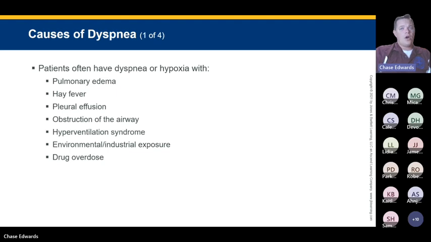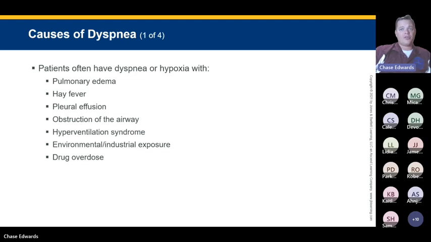All right. Causes of dyspnea. So dyspnea can be caused by many medical problems, a whole bunch of medical problems. So altered mental status may be a sign that the brain is hypoxic. Patients often have difficulty breathing and or hypoxia with the following medical conditions, okay? So some of the stuff you see here is pulmonary edema, hay fever, pleural effusion.